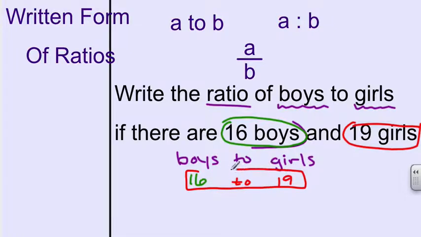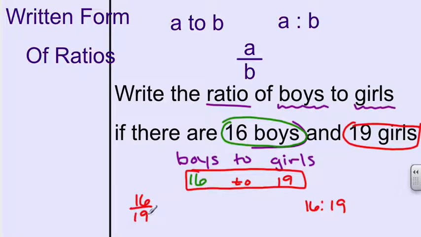That is one way to write this problem, 16 to 19, boys to girls. I could also then write it as a fraction, 16 over 19. That would be option right here. Or with the colon, 16 colon 19. All three of those are the correct answer.